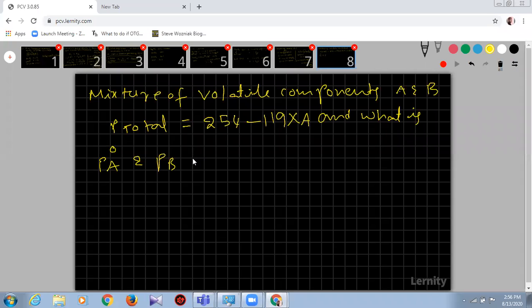Some students may have the doubt: what is the difference between partial pressure and vapor pressure? Generally, the term vapor pressure is used when it is in the pure state. Suppose you mix it with some other liquid, then it becomes a mixture, and both components exert certain pressure.